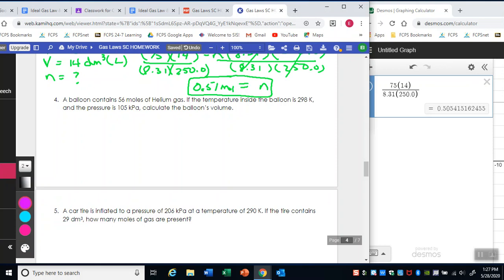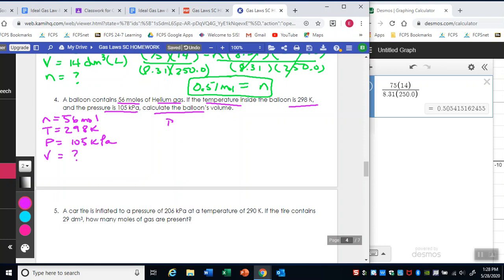All right, so we've got a balloon, 56. I've got helium gas, so I'm thinking gas laws. I've got moles is 56 moles. I've got a temperature is 298. Yay, it's in Kelvin, so I don't have to convert it. Pressure is 105 kilopascals. And I'm trying to calculate the volume. Volume is my unknown.